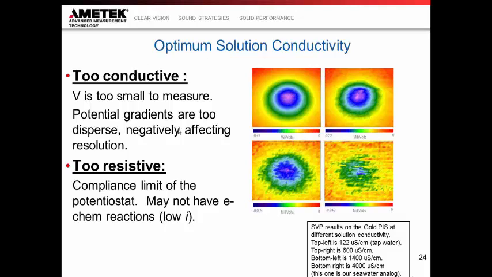The scaling of each one of these images is set to auto scale, so the top left-hand image peaks at 470 microvolts, and then 320 microvolts, and then 69 microvolts, and then at the last, the peak is 49 microvolts. So that speaks to the difficulty, from an electrochemical sensitivity and spatial resolution standpoint, of the solution conductivity.